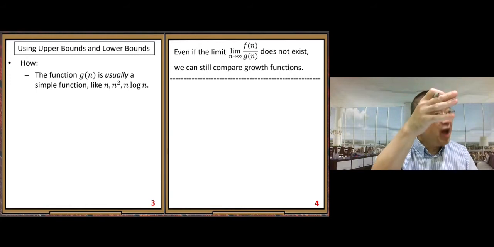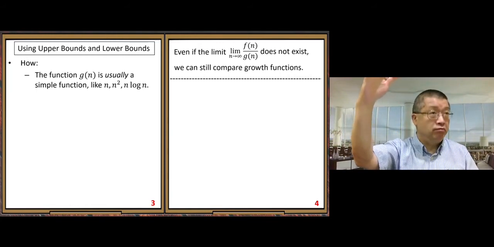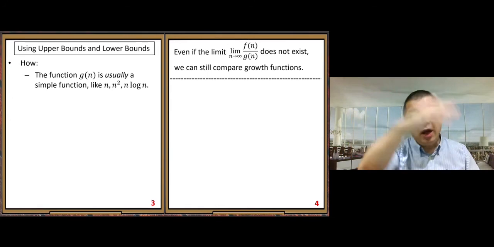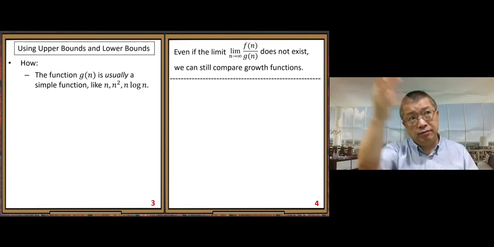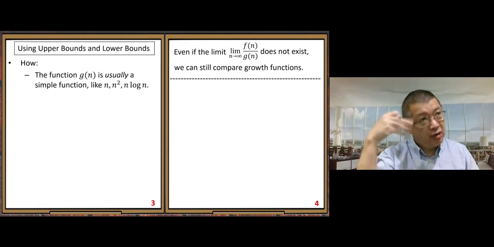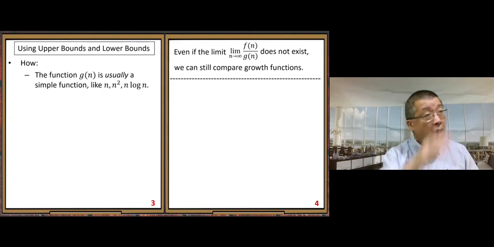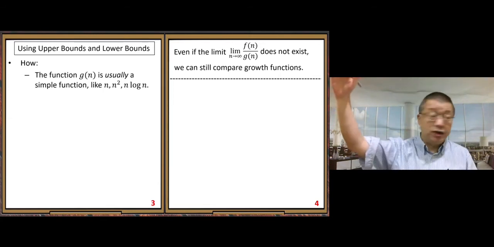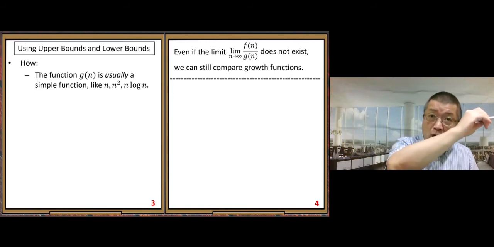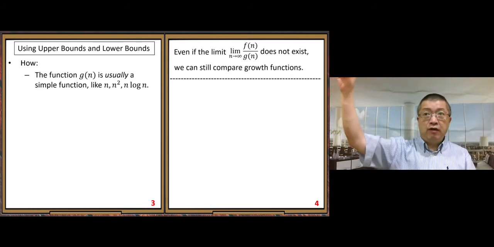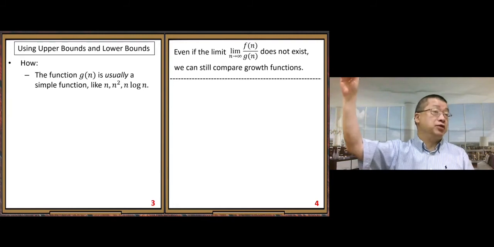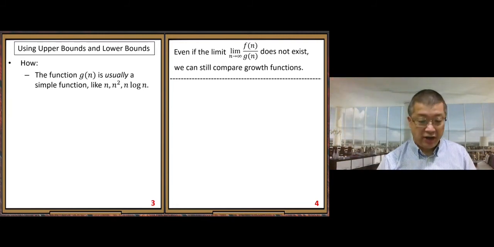We know how fast the n function grows, the n square function grows, the n log n function grows. At least we can draw graphs for these simple functions. So here I do not need to draw it.